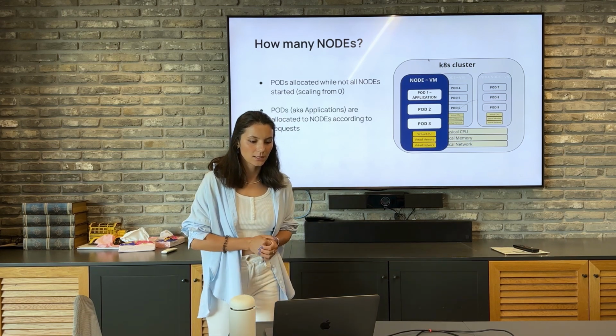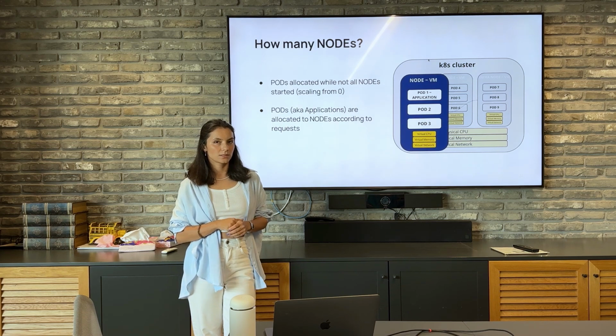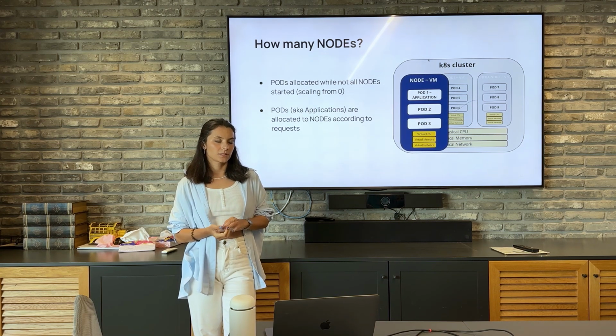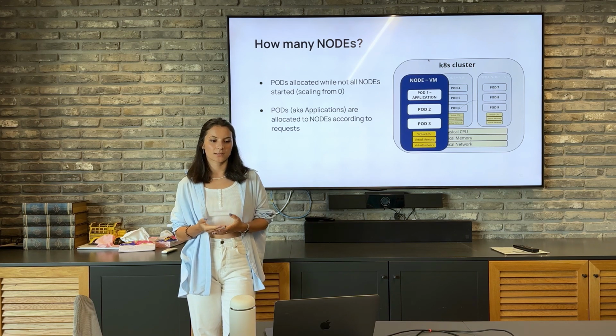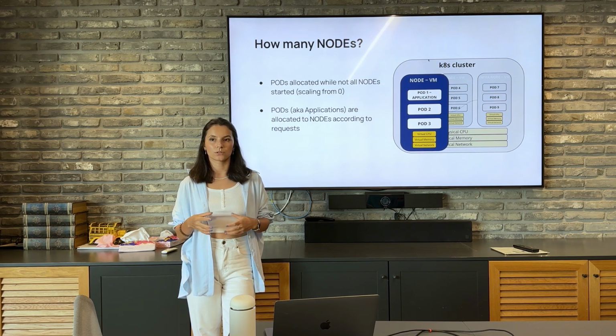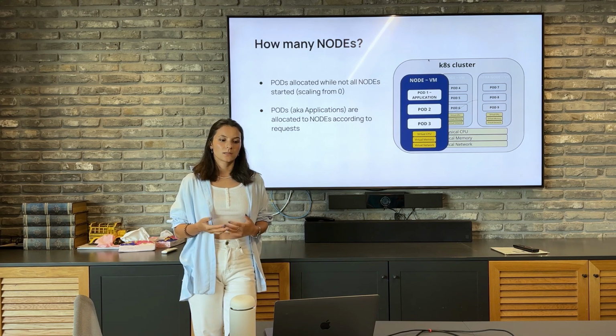And the second is the Kubernetes approach that applications have their own requests and limits. It's the resources that an application needs, and they are scheduled on the nodes according to these requests and limits.